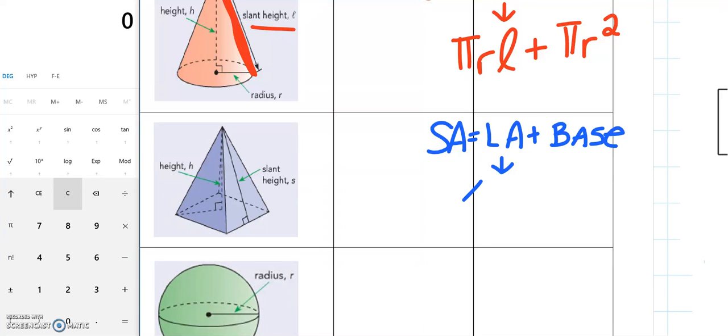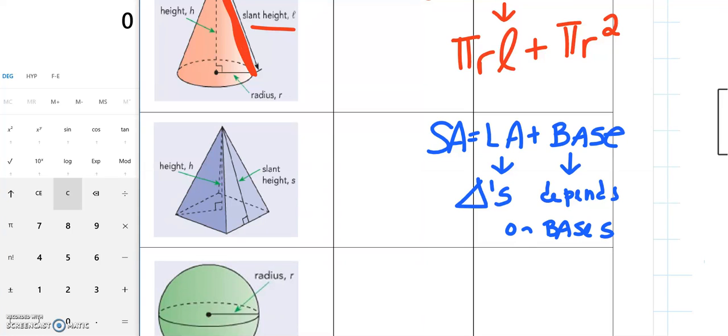So you're just going to have to find the area of each of the triangles and then add them all up. And then for your base, again, it depends on your base shape. So whatever area formula you have for your base shape. So I'm going to write down that it depends on base shape.